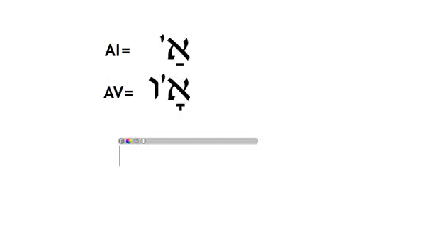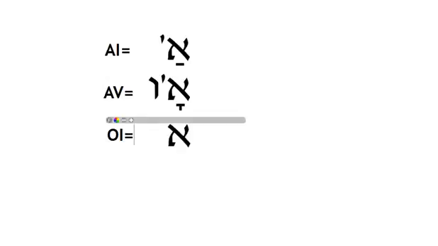Let's do another diphthong. Let's do, this time, oi. Oi, as in oy vey. Why would we be surprised that we have this diphthong in Hebrew? We're not surprised. So let's bring up, again, our good friend Aleph, and we're going to have our Vav.